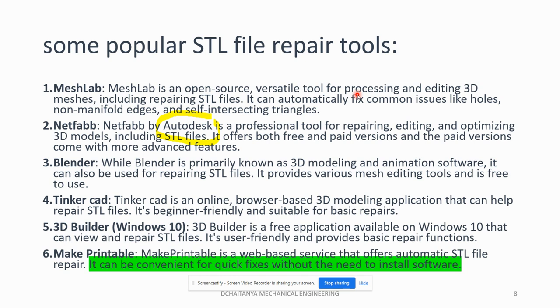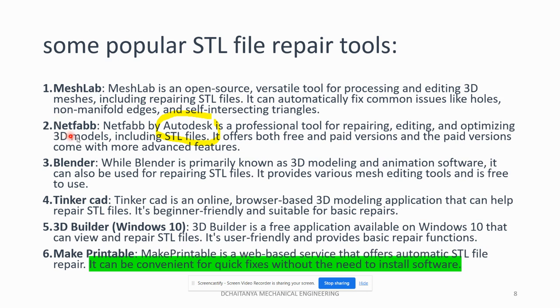Here you can identify the automatic common issues of generating holes and non-manifold edges. Non-manifold edges means different edges will be attached or overlapped. You can also see self-intersecting triangles. If there is any geometrical error when giving the tolerance by mistake, you can get the self-intersecting triangles.